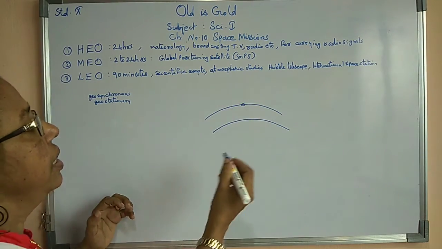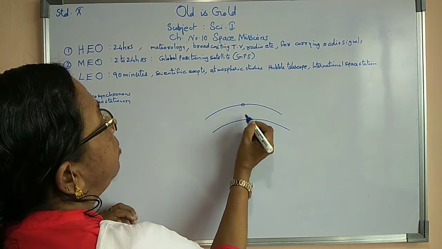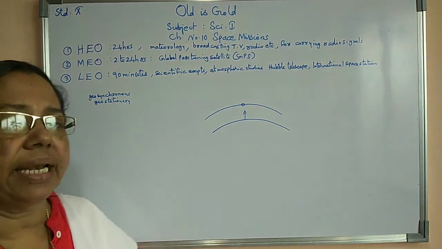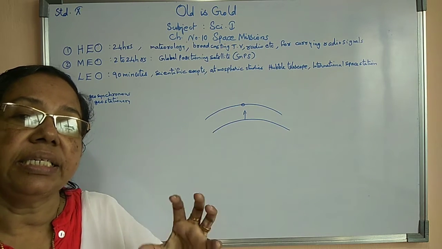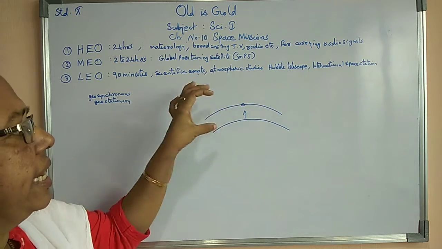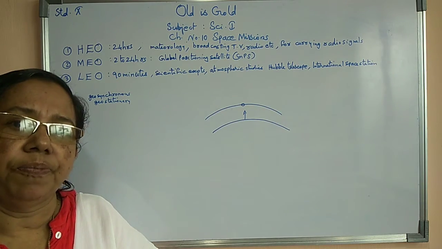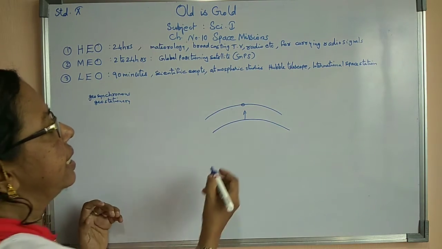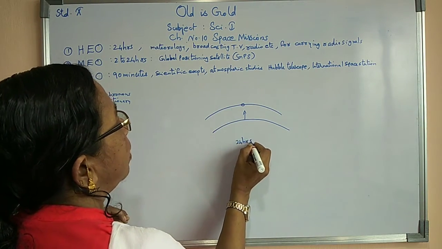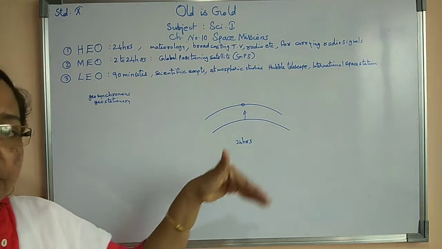So from the Earth, when we look at the high Earth orbit satellite, we feel that it is stationary. Why? Because it has the same movement as the Earth. As a result, it takes 24 hours for completing one revolution around the Earth.